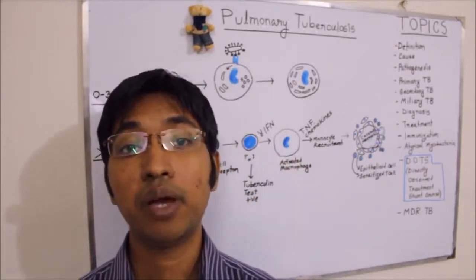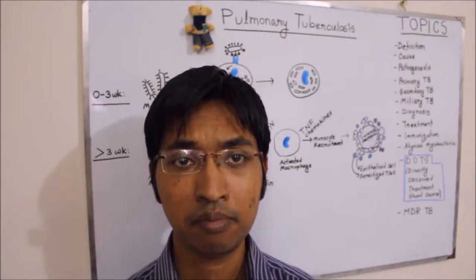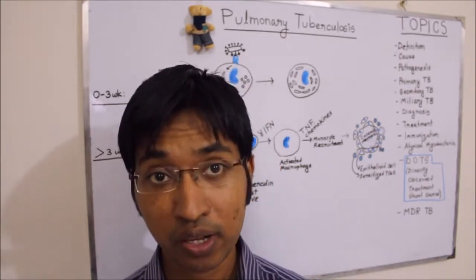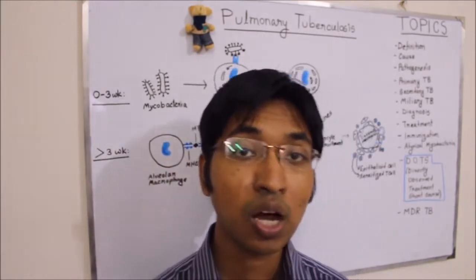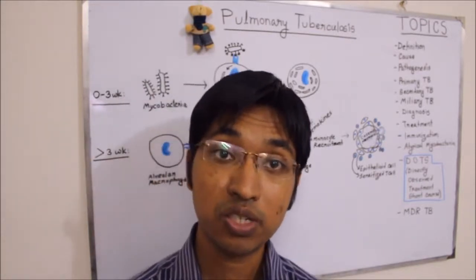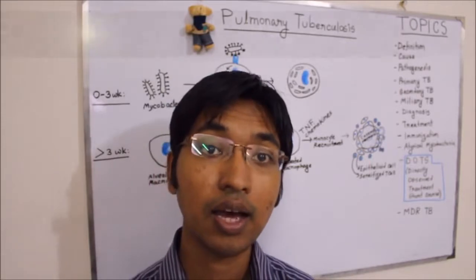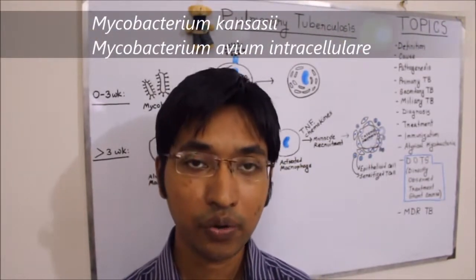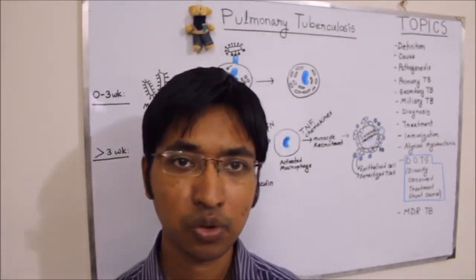And one thing you have to remember, particularly in immunocompromised persons, some other strains of mycobacteria can also result in pulmonary disease. Those other strains include Mycobacterium kansasii and Mycobacterium avium intracellulare. So also keep those two names in your mind.